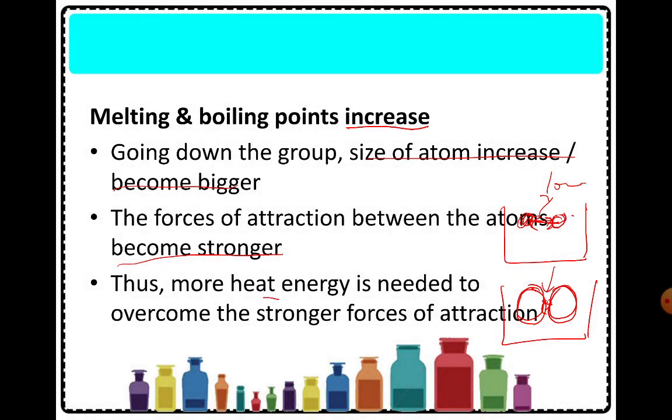Thus, more heat energy is needed to overcome the strong forces of attraction. Okay, sorry, kita panggil ni atoms, ya, sebab dia kumpulan 18, dia atom single. Dia bukan molekul. Ya, the force of attraction between atoms, not between the molecules. Molekul sana untuk kumpulan 17, 16 dan juga 15.